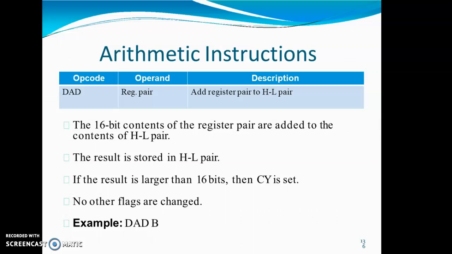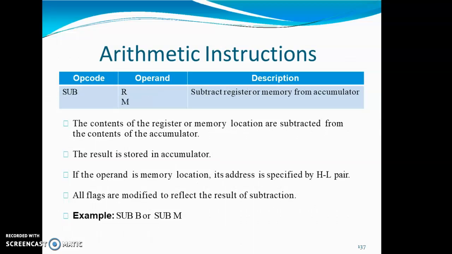DAD refers to adding the contents of a register pair. Suppose DAD B is written, it means the BC pair is added with the HL pair, and the result is a 16-bit binary, and the carry flag is set.